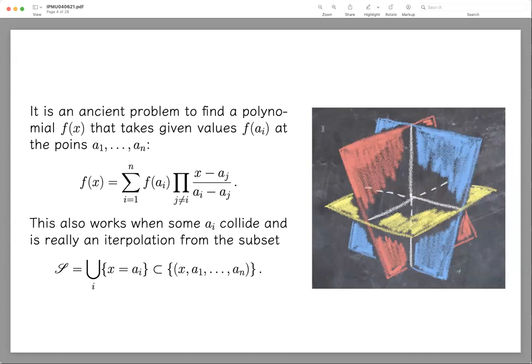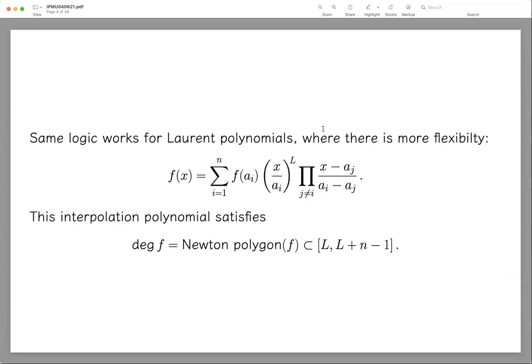So I hope it's non-controversial. Now the same thing, if instead of affine space I am talking about a torus, interpolation of Laurent polynomials. Then I get an extra degree of freedom, because for Laurent polynomials monomials are invertible.